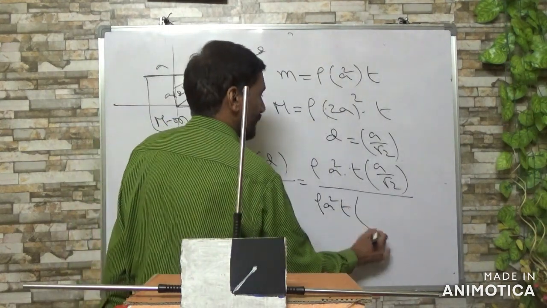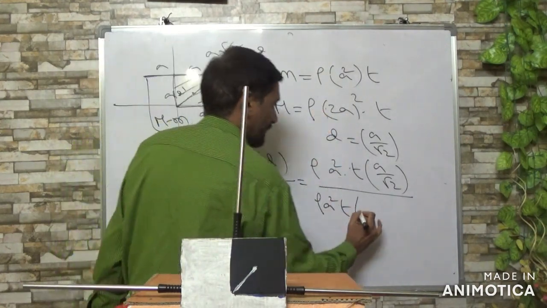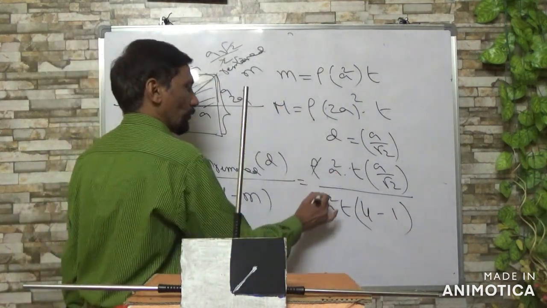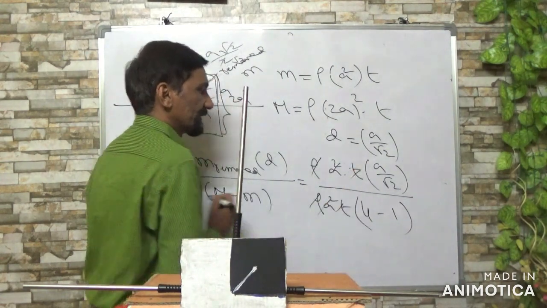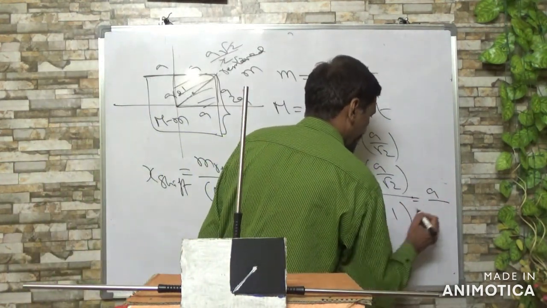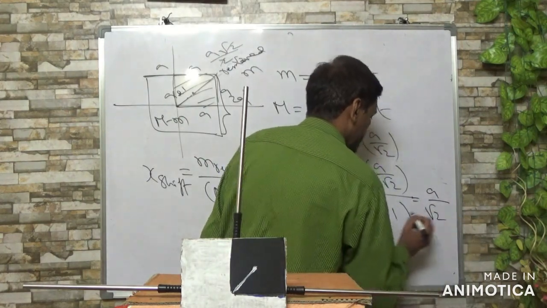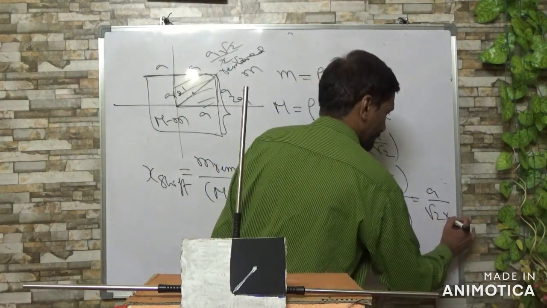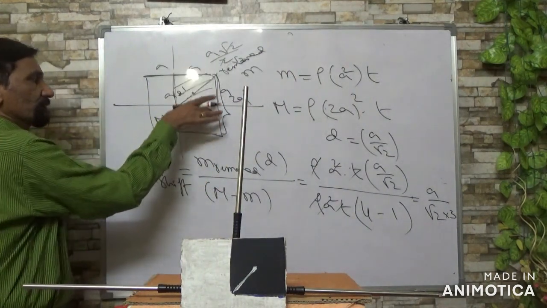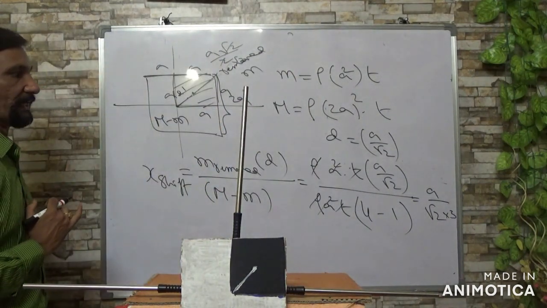If you take it common, 4 is left here, 4 minus 1. So this rho a square t cancels, and you will get a by root 2 into 3, where a is half the side of this square plate.